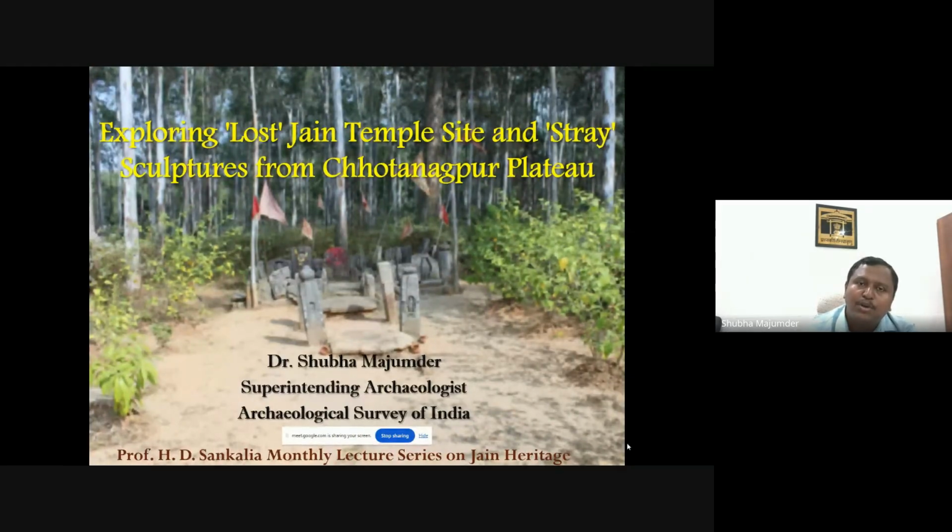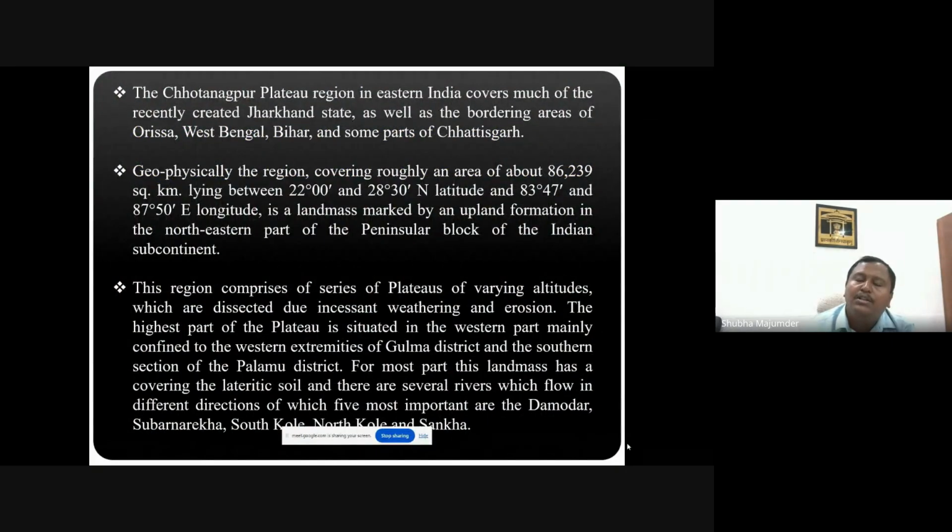We explored and reported those Jain heritage sites, but we need to understand their context, because without it, research on Jainism in Eastern India, especially Bihar, Bengal and Jharkhand, remains vague.